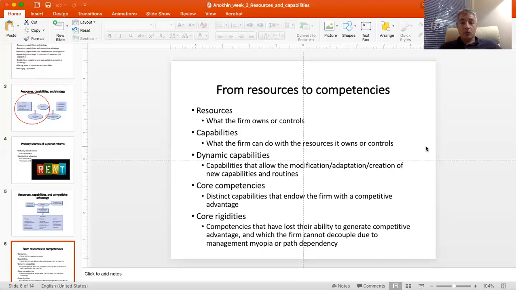If your company was really well developed and had all the competencies in the area of steam engine manufacturing, at some point when the industry switched to internal combustion engines, your steam engine capability would no longer provide you with a competitive advantage, let alone sustainable competitive advantage, right?